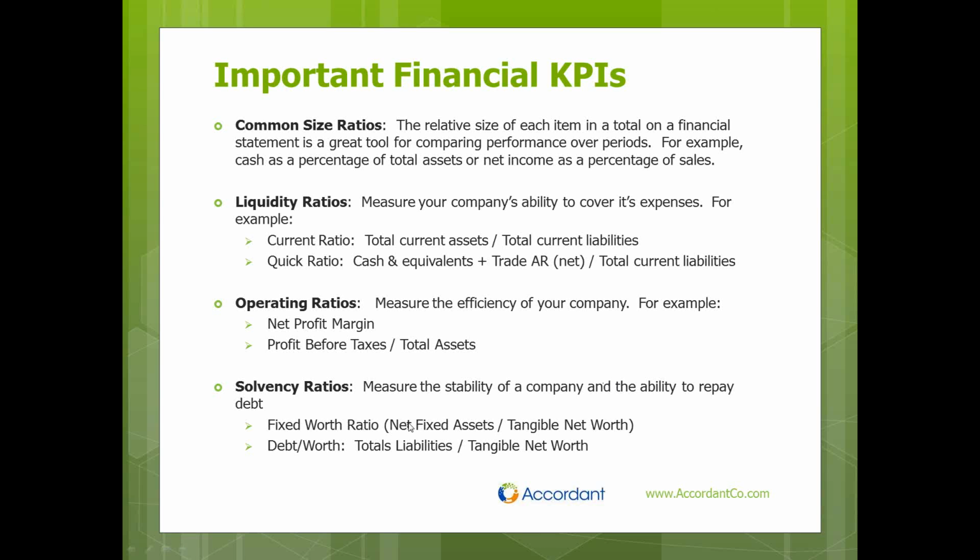And when you see this fixed worth ratio, it's taking net fixed assets and dividing by tangible net worth. Just think of tangible net worth as your total equity number on the balance sheet. If you had intangibles like goodwill, you would subtract that out, but most of you would not. I would not expect that you did. So you would just take your net fixed assets divided by your total equity.